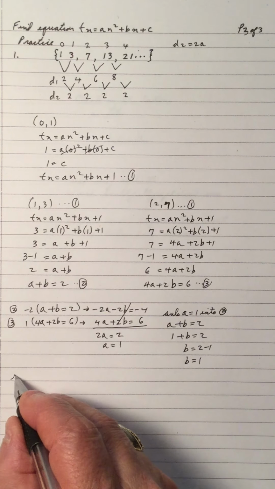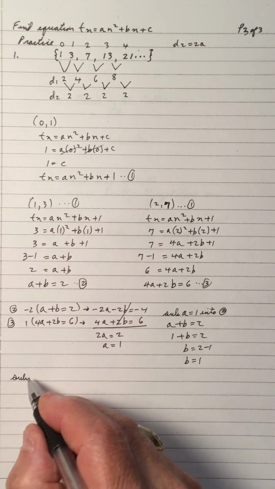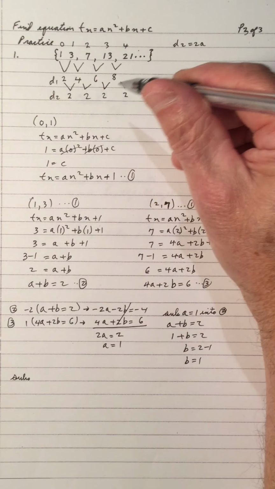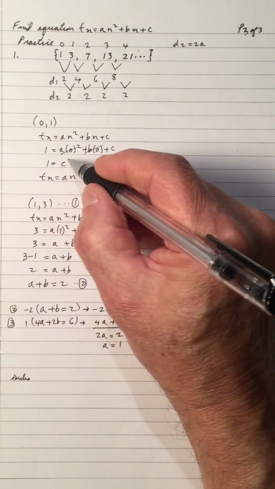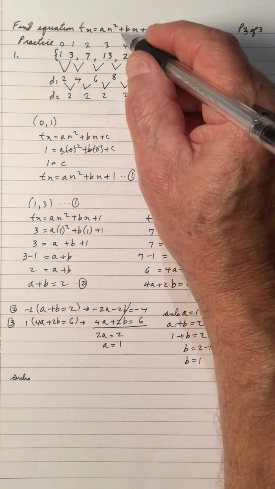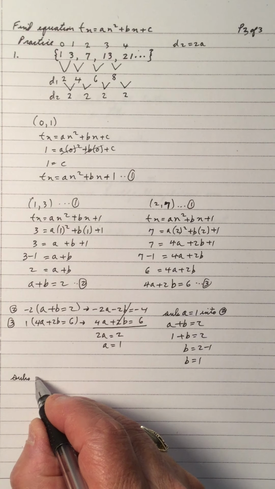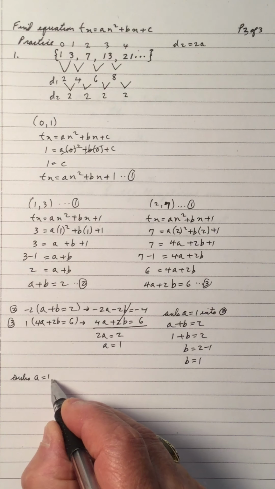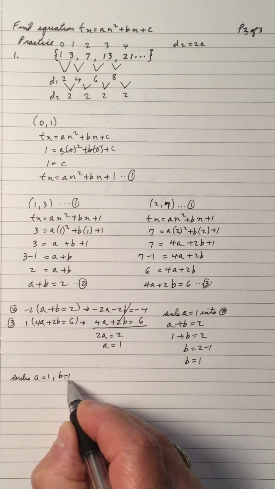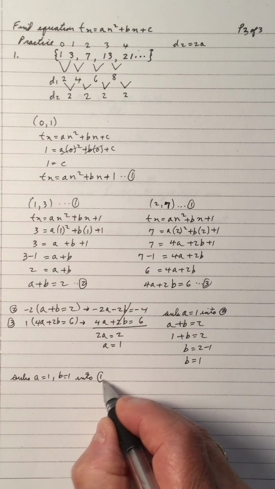Now I know what a is; c is 1, a is 1, b is 1. So I can sub all these into this main equation, or I can sub them into here. Sub a equals 1, b equals 1 into number 1 equation.